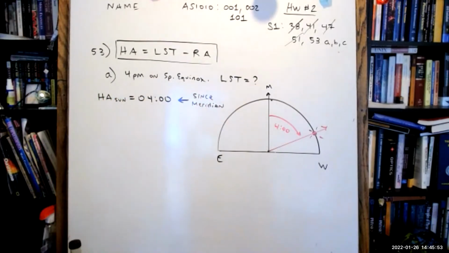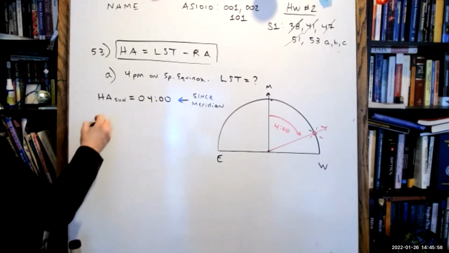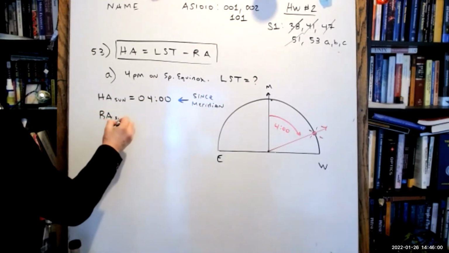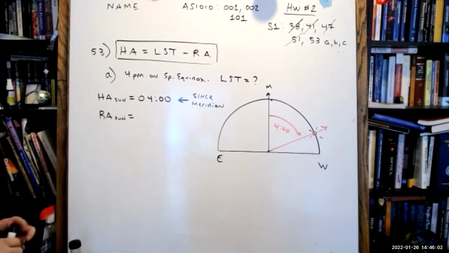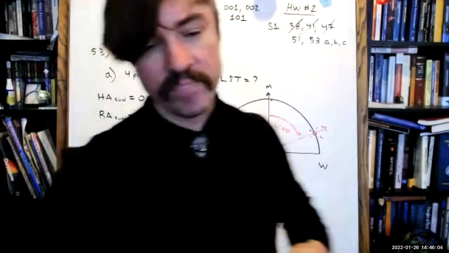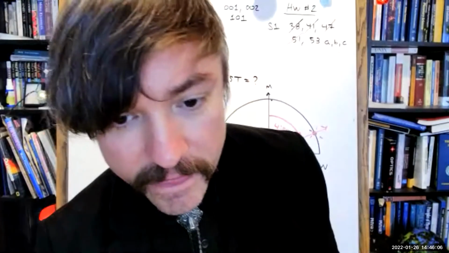The local sidereal time is the hour angle of the spring equinox. And there's two ways to do this. One is to ask, what would the right ascension of the sun be? How do we define right ascension again?